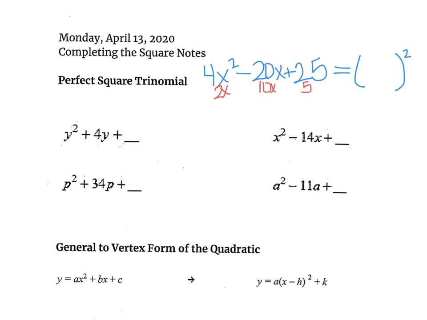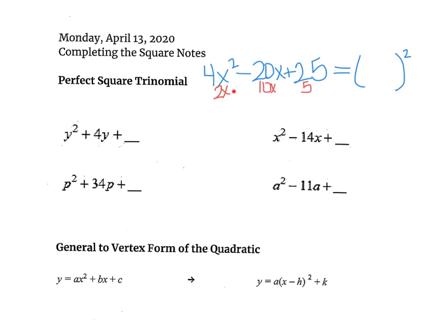So something squared on the outside. That binomial comes from that 2x that we squared to make 4x squared and the 5 that we squared to make 25. And this is where the sign in the middle is important. That sign in the middle goes in the middle over here.